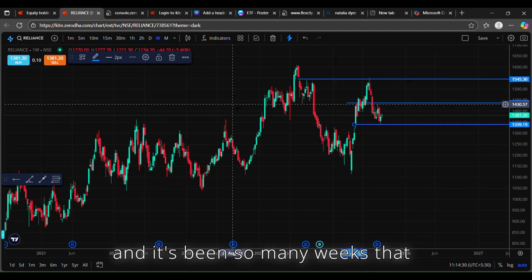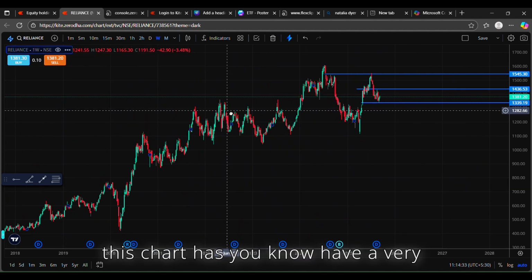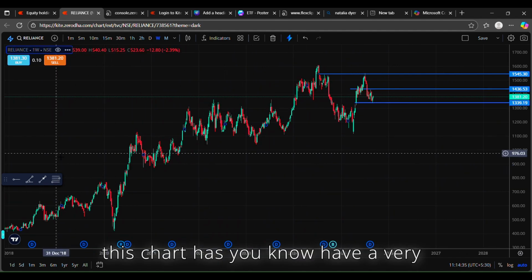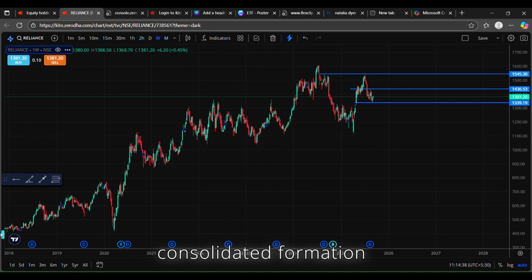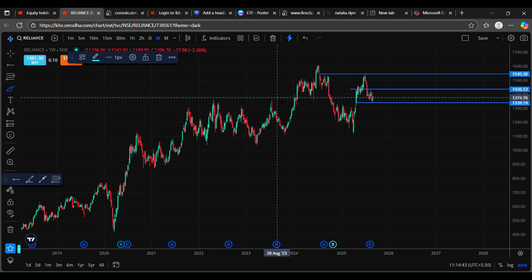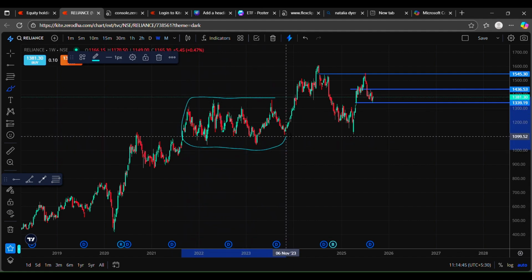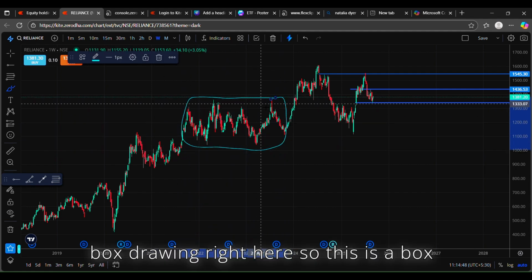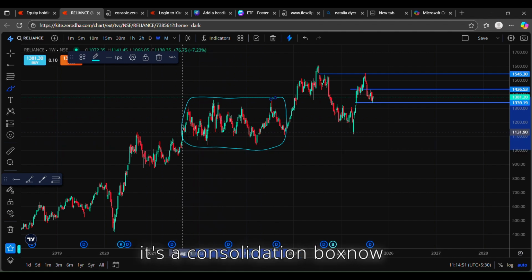It's been so many weeks that this chart has had a very consolidative formation. Let me just show you with this little box drawing right here. So this is a box, it's a consolidation box.